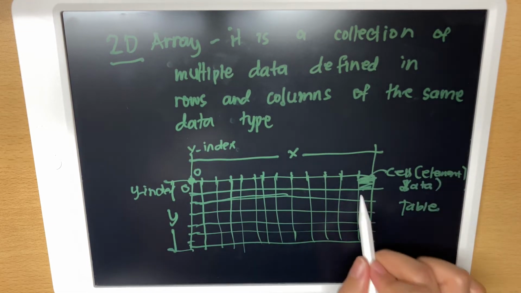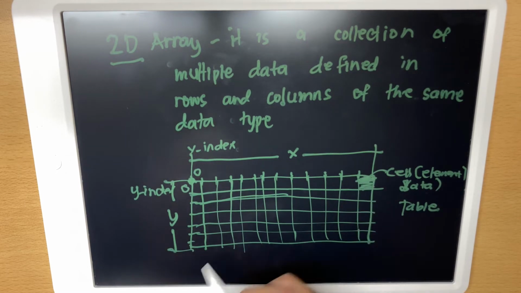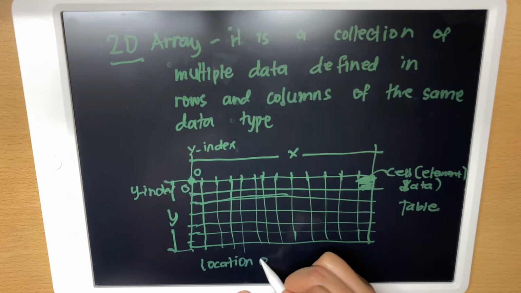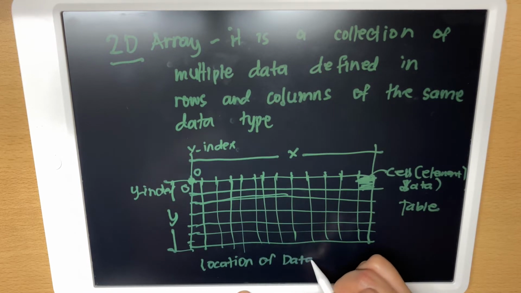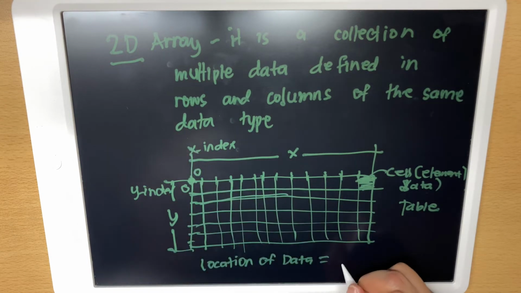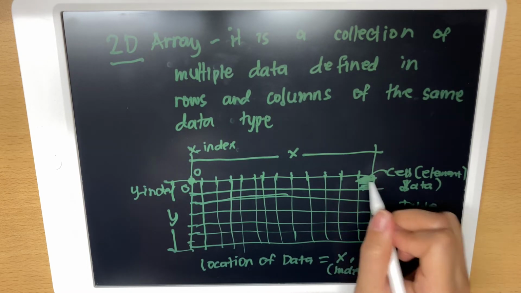And how do you locate this data? It is defined with the value of X and the value of Y, or the index values of X and Y.